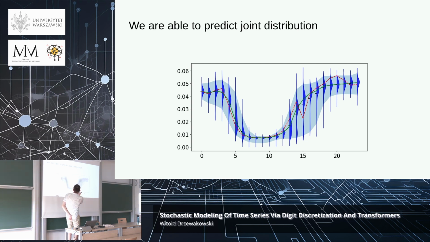So this image shows a very positive result. On the x-axis you can see the time step of the horizon. On the y-axis you can see the value. The red line here is a ground truth value, and those histograms here represent the empirical distribution of values at a certain time step.